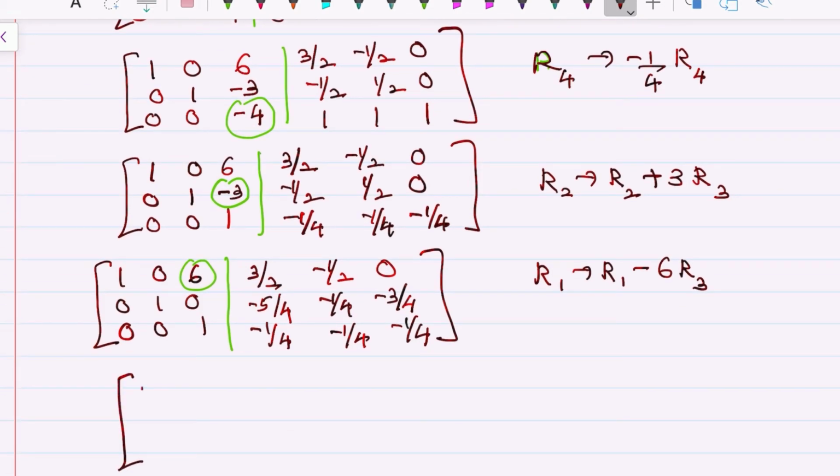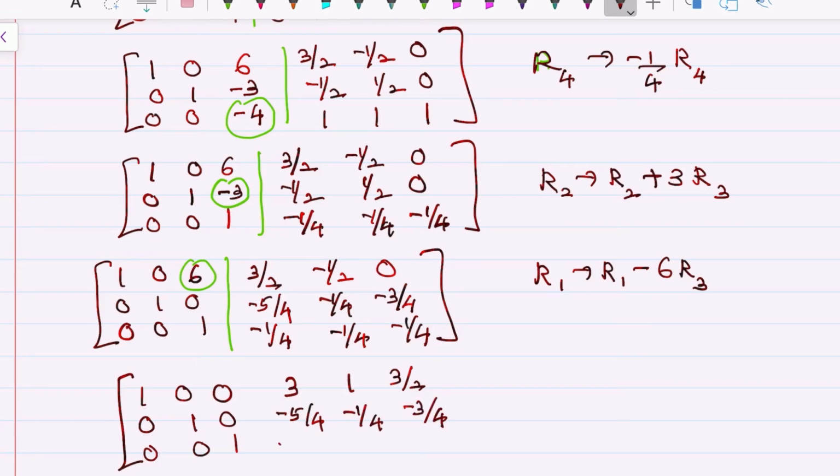So you get 1, 0, 0 in the first row. So we have got the identity matrix here, and this reduces to 3, 1, 3 by 2, minus 5 by 4, minus 1 by 4, minus 3 by 4. The third row remains the same.